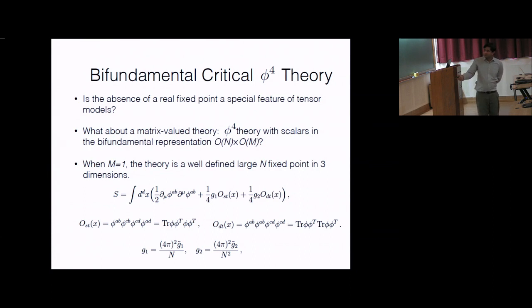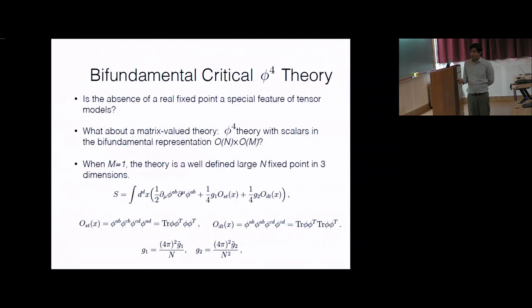So here you just need 2 different types of interactions. There's a single trace interaction, which is like trace phi transpose phi, squared, and a double trace interaction, which is trace of phi phi, trace of phi phi. So this is the most general renormalizable action for this two-index model.